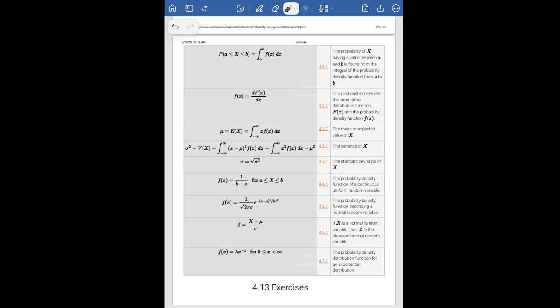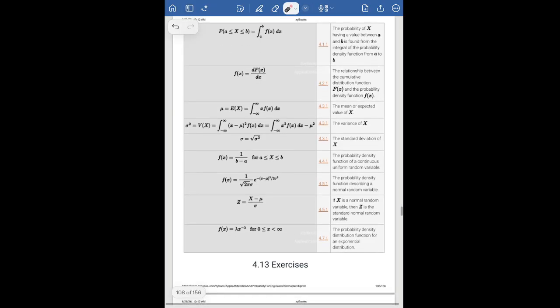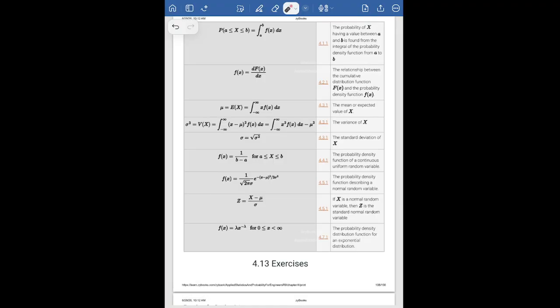In the next section, the moral of the story was that your probability distribution function is related to your cumulative distribution function by this relationship. You take the derivative of the cumulative function to get the probability distribution function, or you can integrate the distribution function to get the cumulative distribution function.